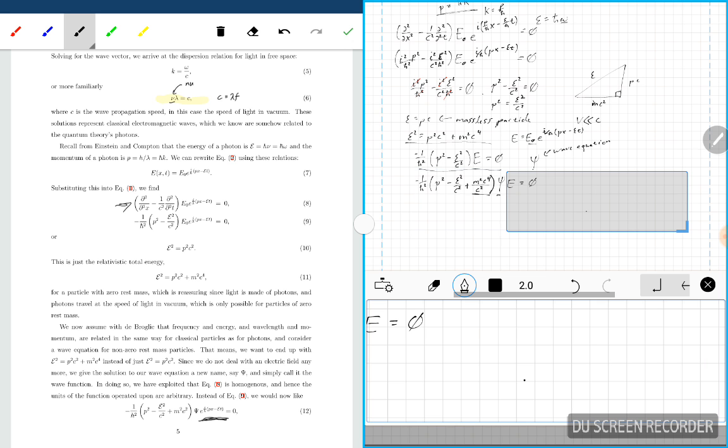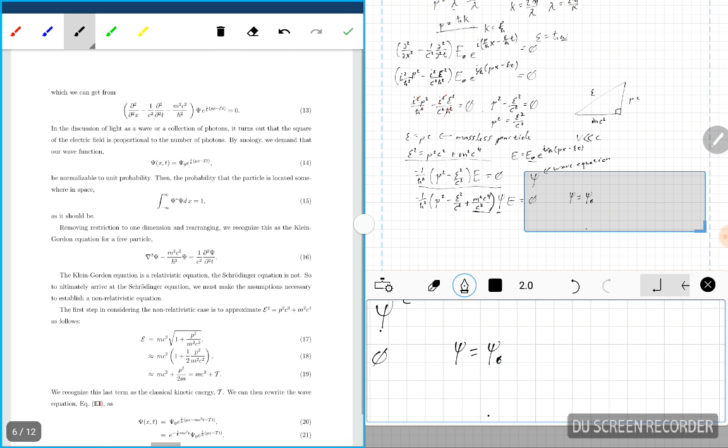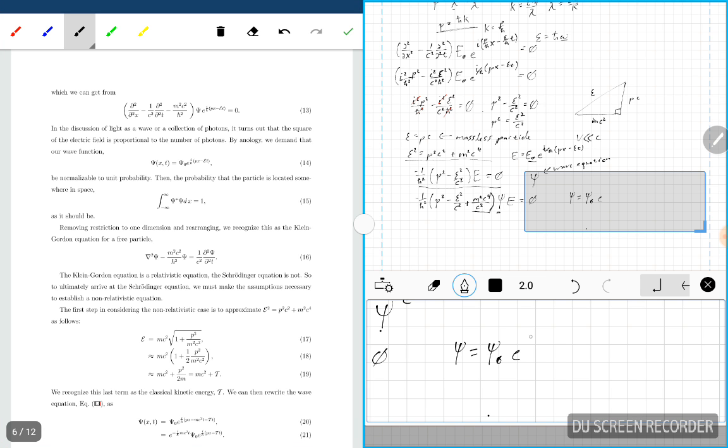And our wave equation is going to have to satisfy this sort of format. So we need to have this guy right here. Our wave function still has to meet all of these conditions.